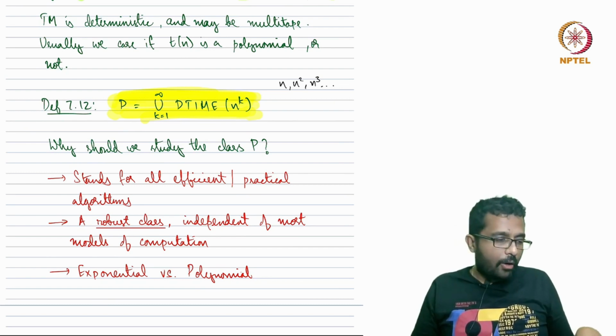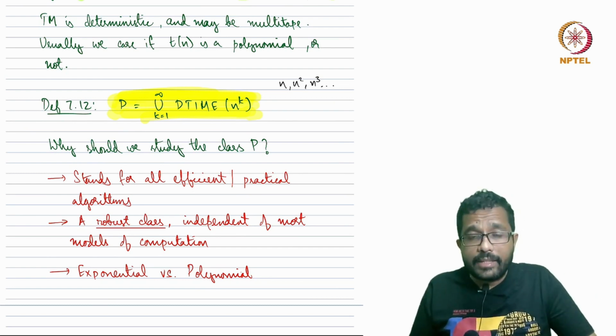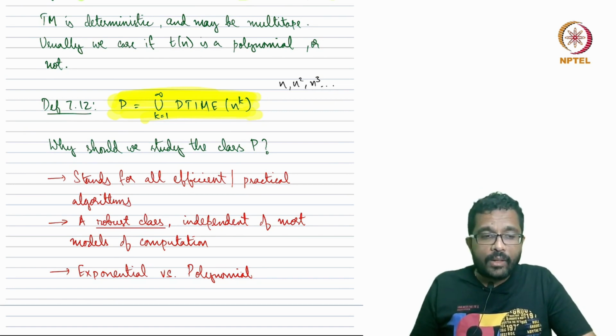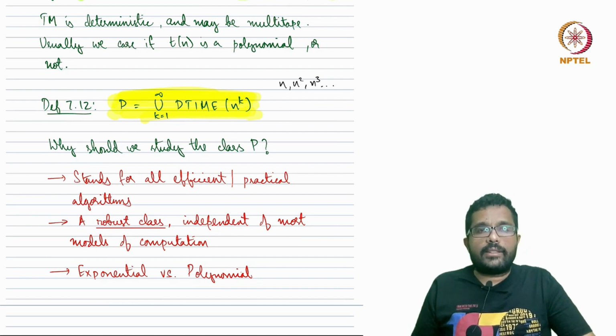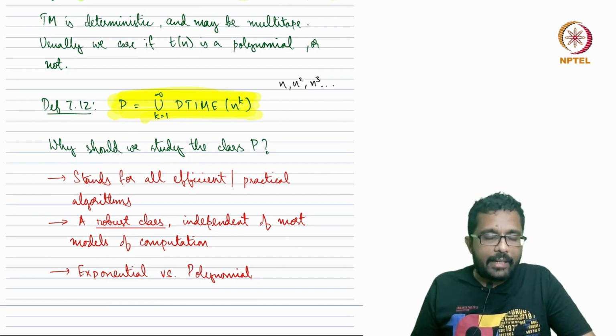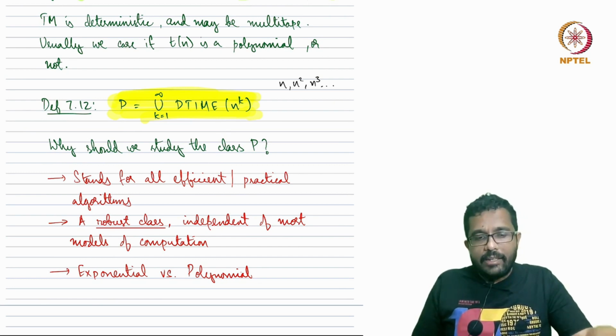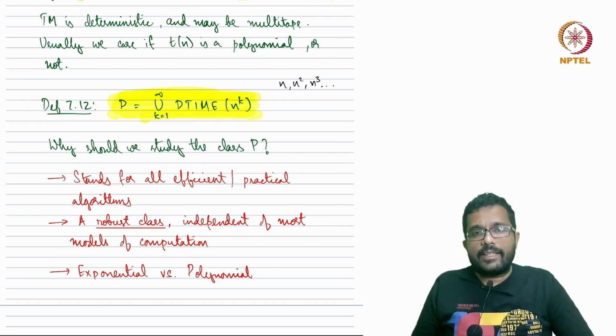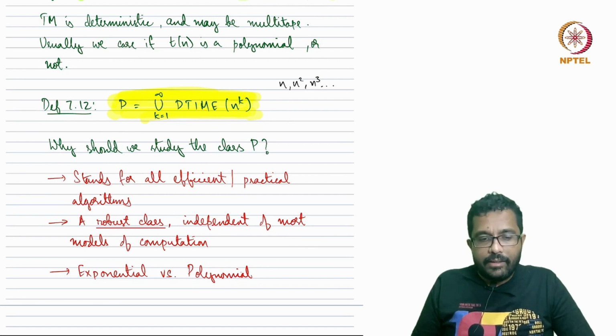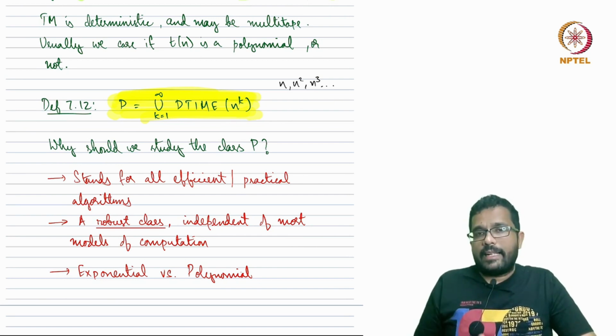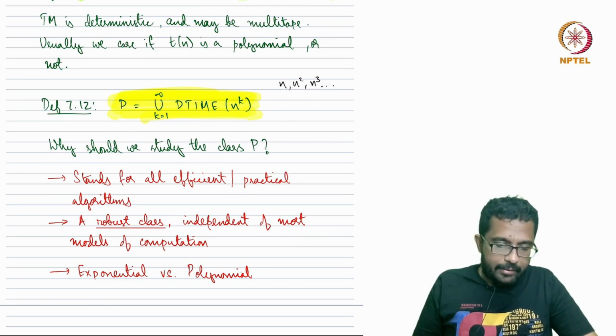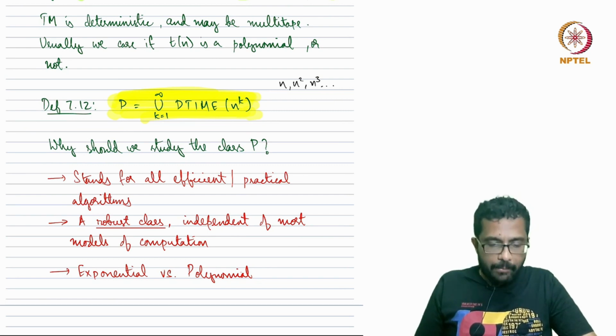So P stands for all the languages that have efficient and practical algorithms. If you think we can decide a language quickly or efficiently, it turns out that it has an algorithm that puts it in P, right?